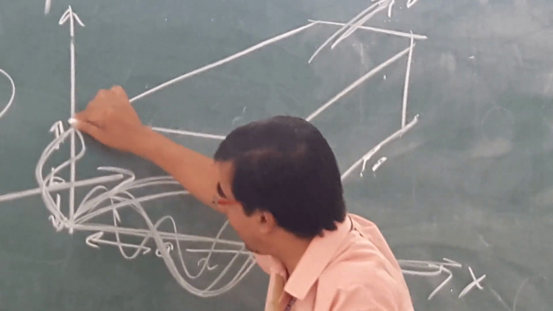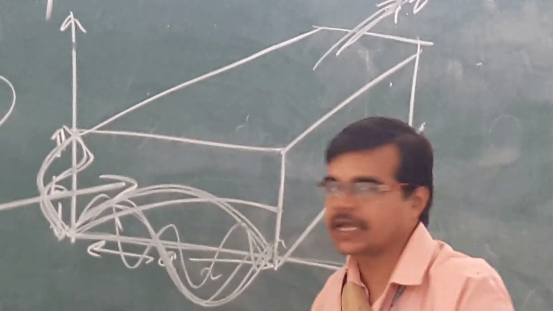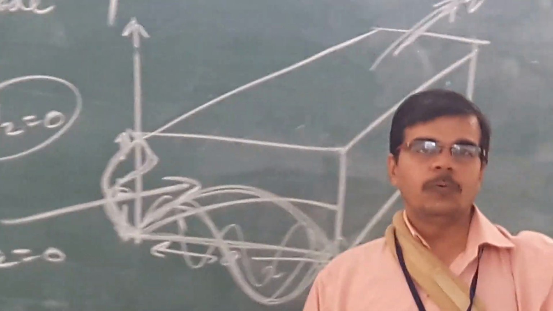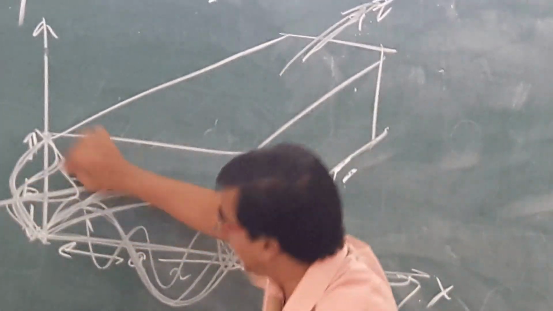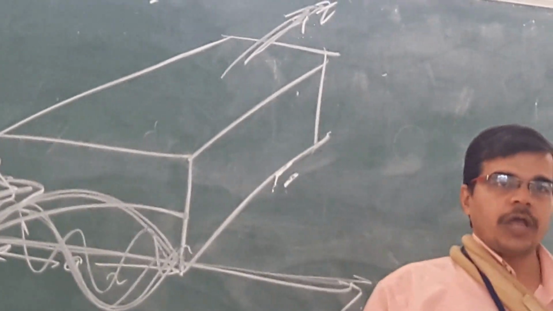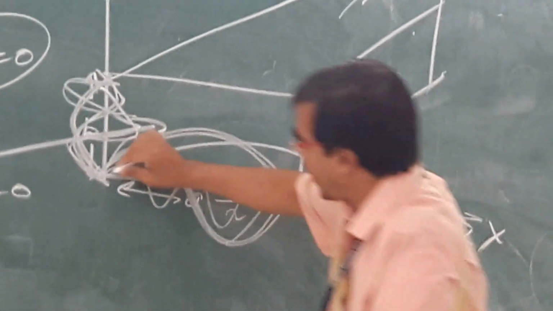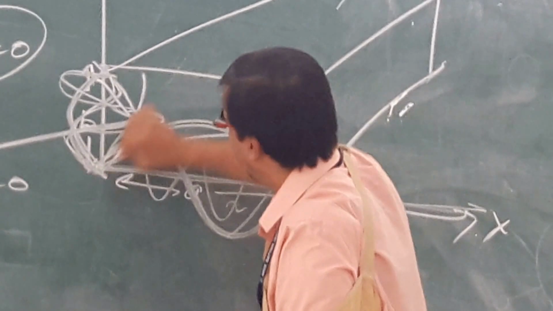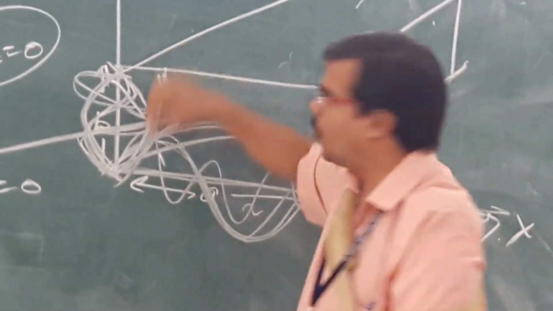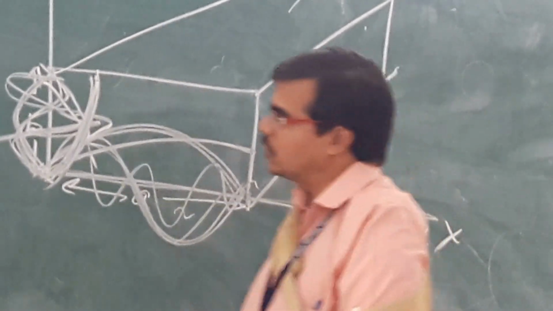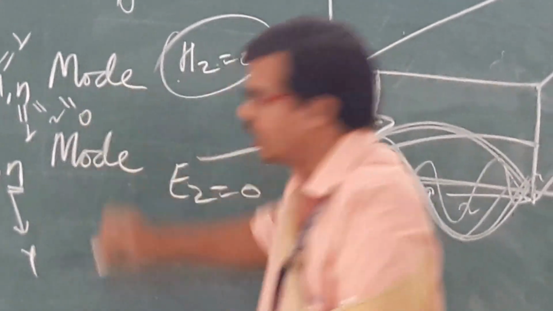If you are having two half cycles, then we will say that your n is equal to 2. Okay, you can have even more also. You can have, say, 3 also. If it is not even one half cycle, then we will say it as your 0.